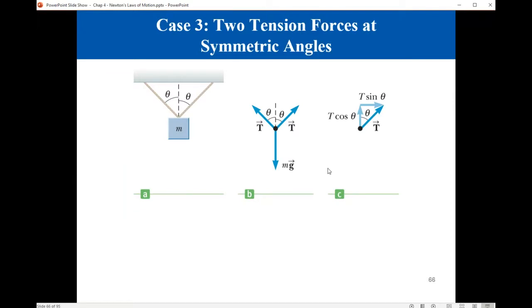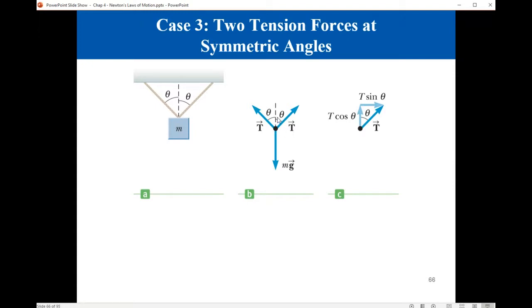Another situation, we have symmetric angles. The object is hanging with these two ropes here. So now to solve for the tension, decompose T into vertical and horizontal components. The vertical component is T cosine theta, and the horizontal is T sine theta. Do the same for the other tension. T sine theta horizontally will cancel with T sine theta horizontally.